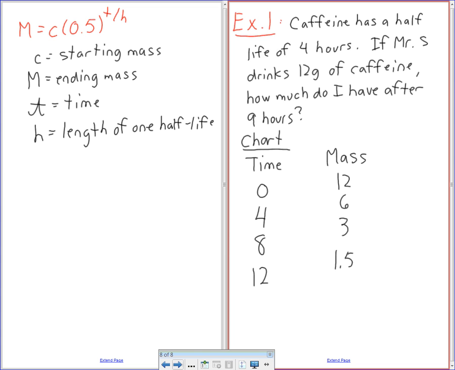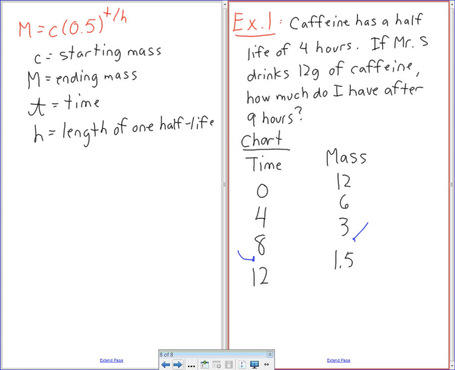The reason I can stop at 12 is because I'm looking for 9 hours, which is going to be in here someplace. With my guess, after 9 hours, I'll be like 2.5 grams of caffeine or something like that. So you see the logic I'm using there? The chart is just to verify, because this question is horribly calculator heavy. This is just to see if you're in the right spot.